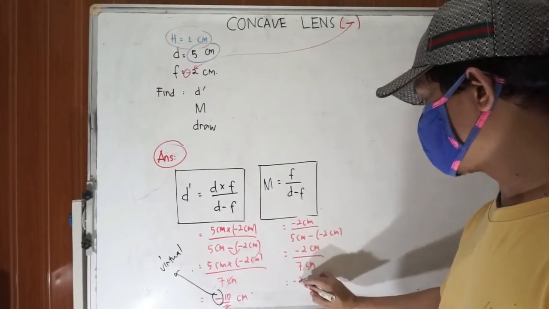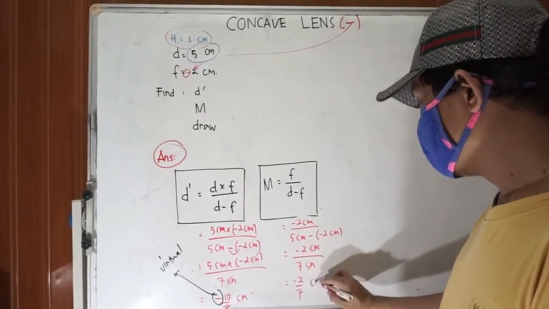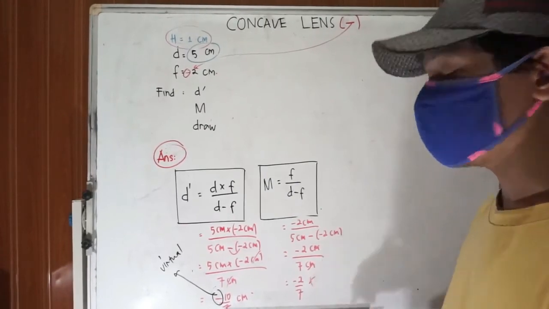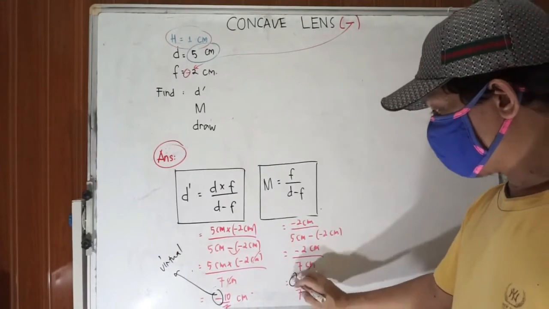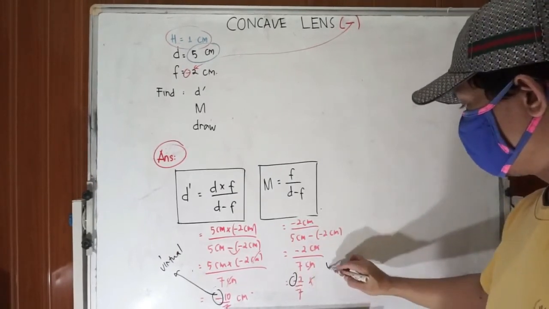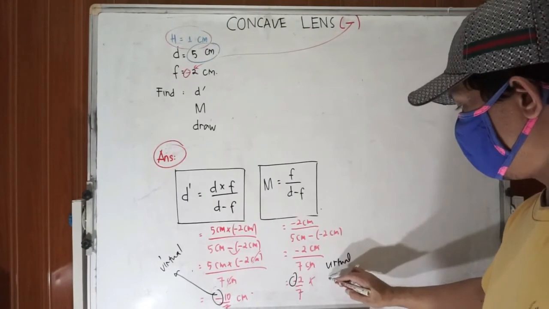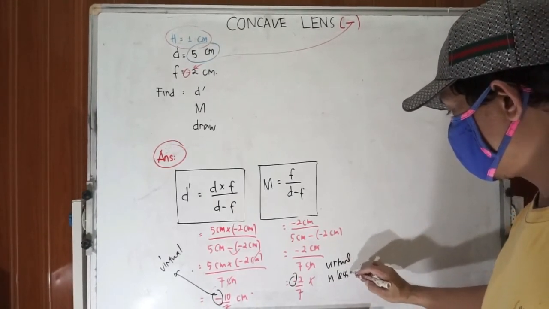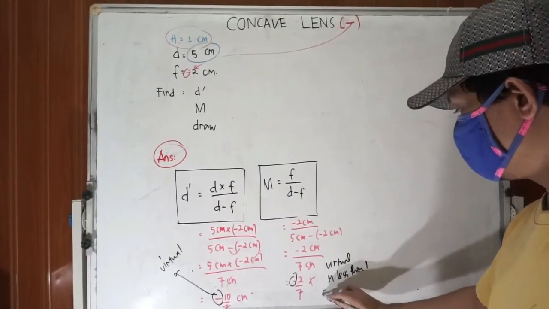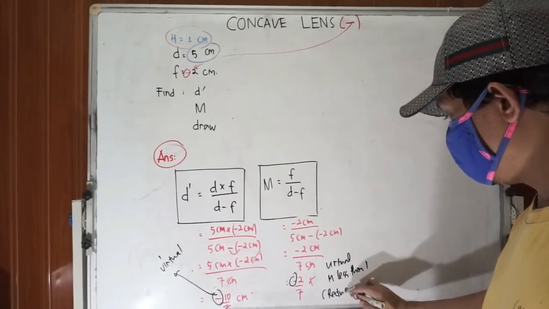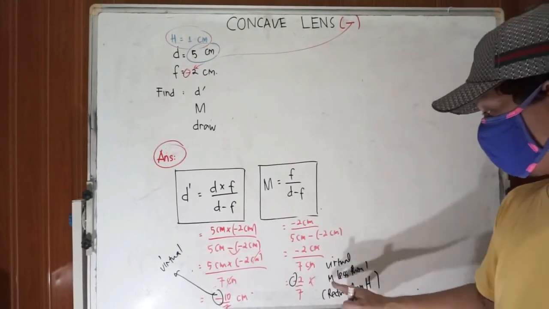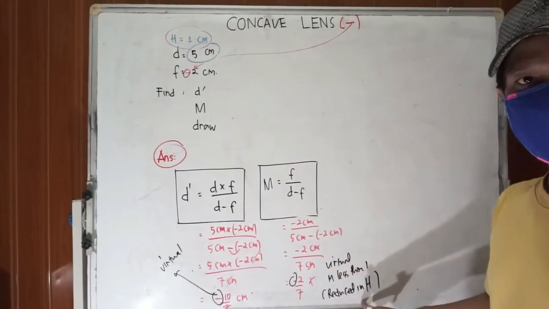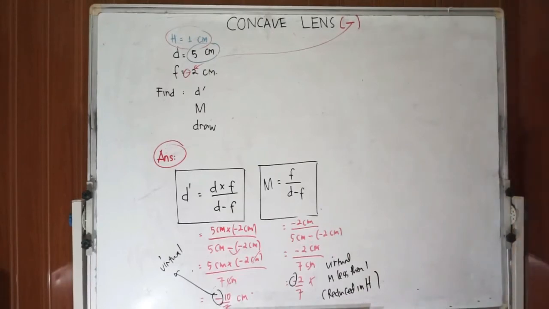We got minus 2 over 7. You got this one negative, virtual, and M less than 1. So reduced in height. Remember. Go! Now you start drawing.